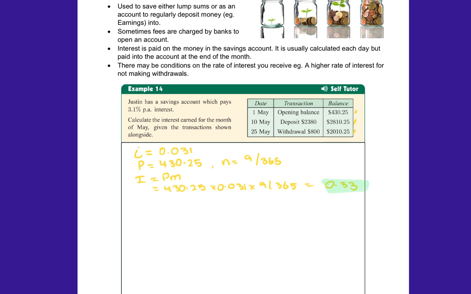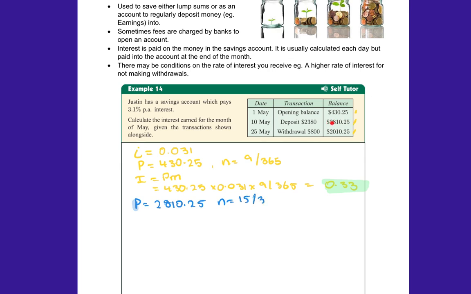Now, Justin then makes a deposit of $2,380. So we need to work out how much he gets interest from having that balance. So his principal is going to be $2,810.25.